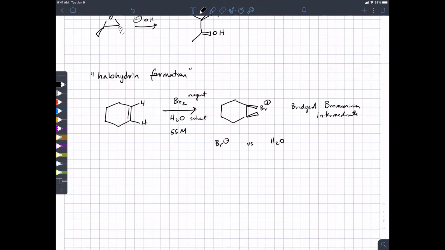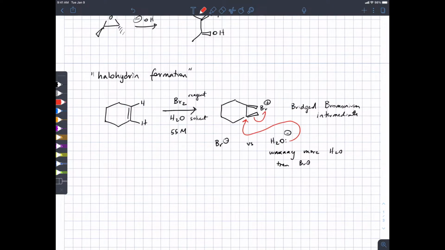So in terms of concentration, we have way more water than Br minus at this stage. So water, just by stoichiometry alone, outcompetes Br minus in the second step of this reaction.